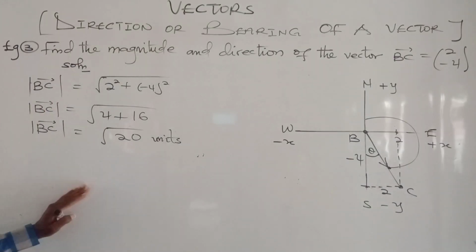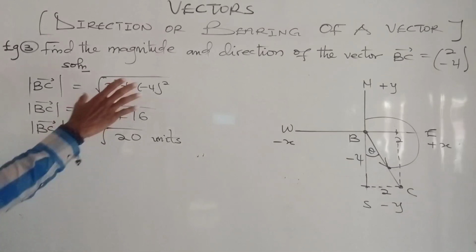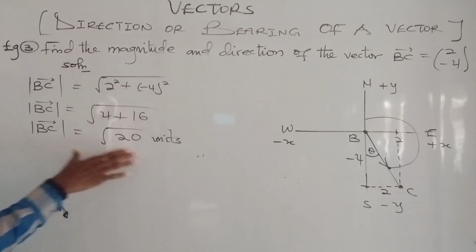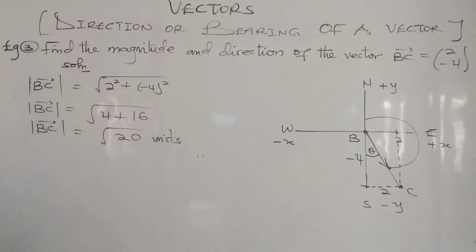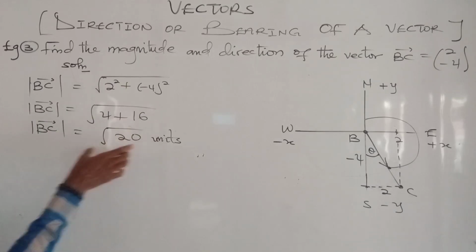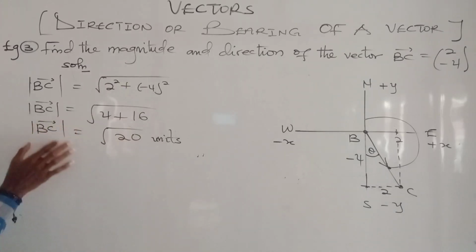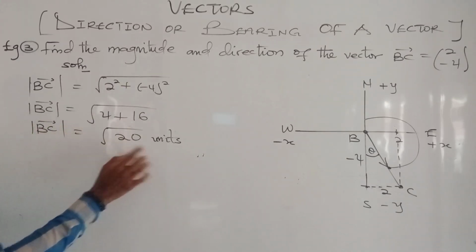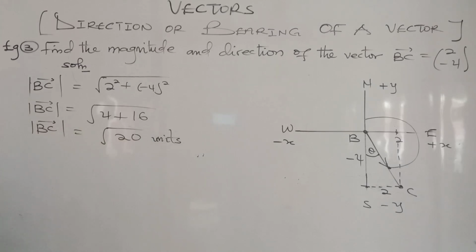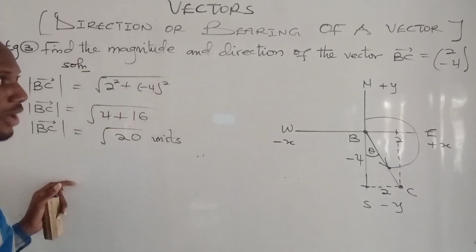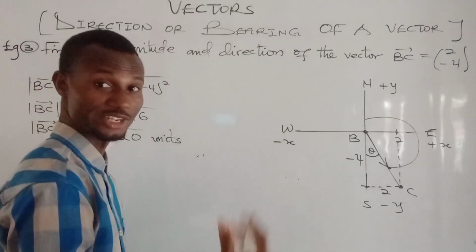I need more space to continue, so I'm going to clean this one so that we can continue from here. But let me put the magnitude of the vector BC, which is square root of 20 units. Keep it in mind, because we are going to put it together to answer the question. Let me write it somewhere so that we can make reference to it.